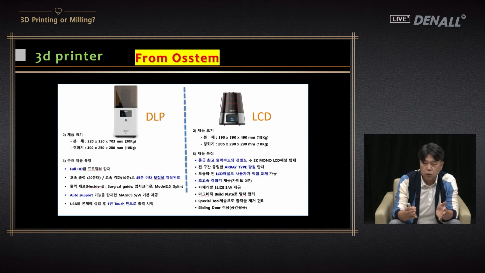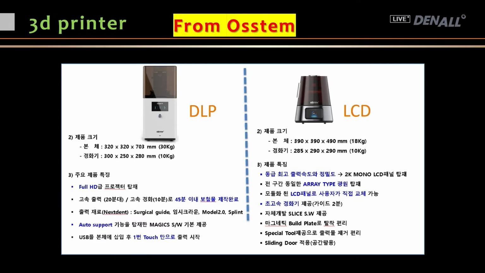DLP was launched in early last year. LCD was launched last month, very recently. DLP type is stable and it's a reliable machine, whereas LCD is easy to use and very low in price.